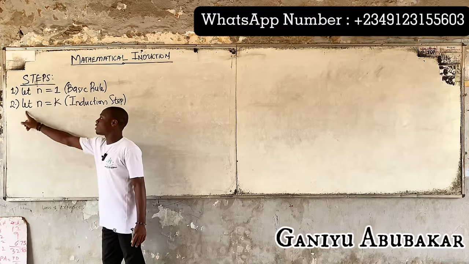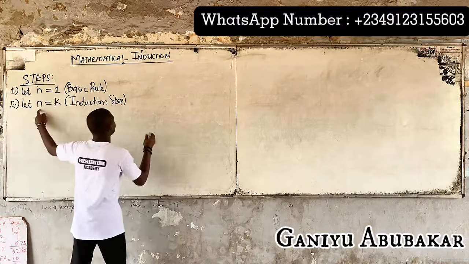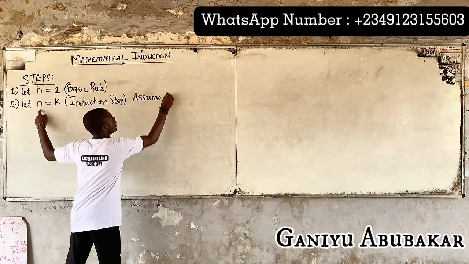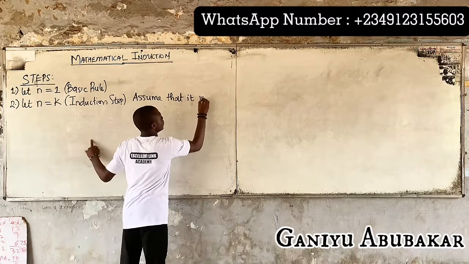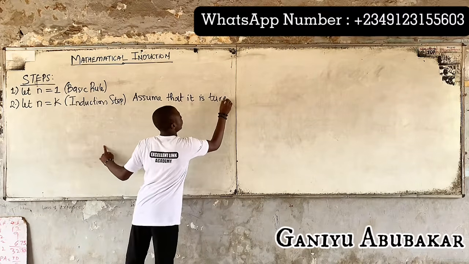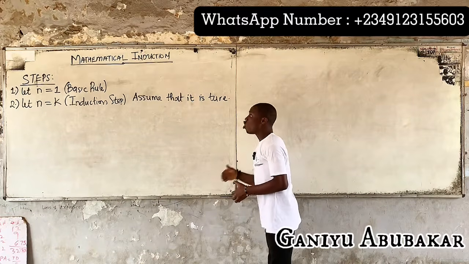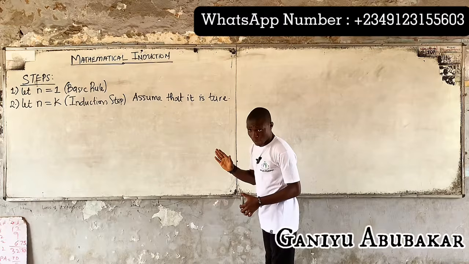Step 2: let n be k. Mind you, in this step 2, we always assume that it is true. So always assume that n equal to k is true.